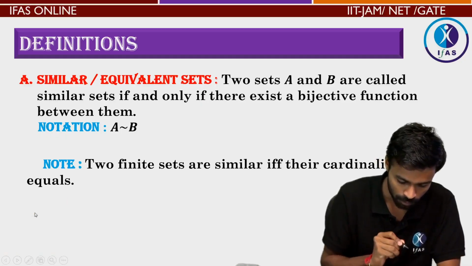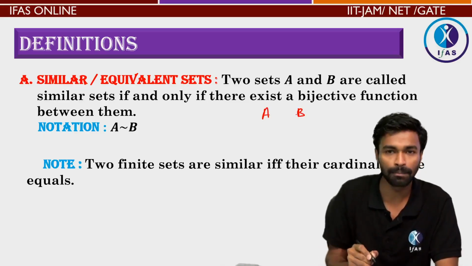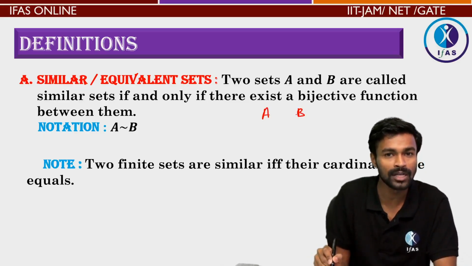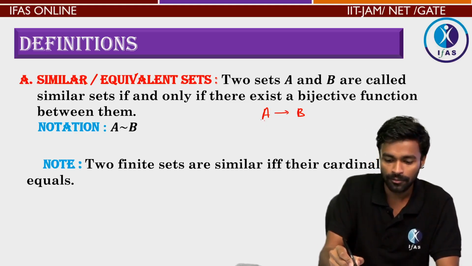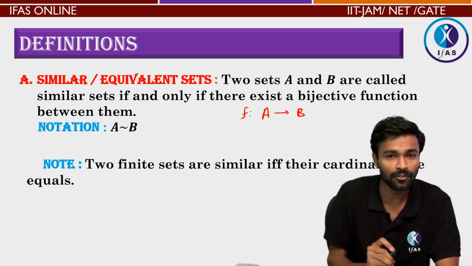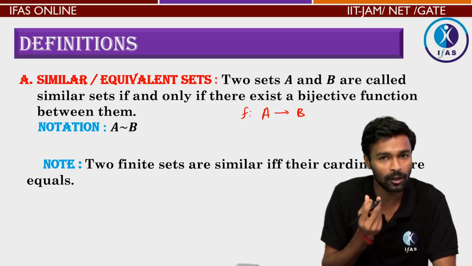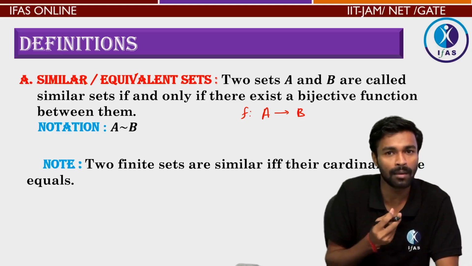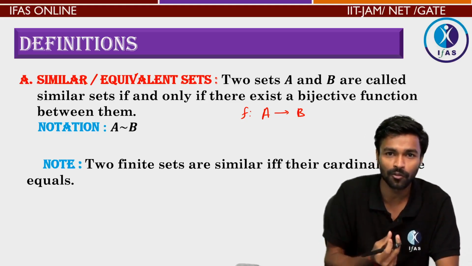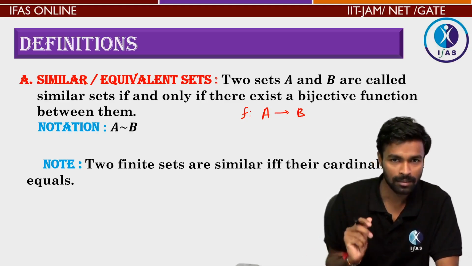If I'm able to find some function f from A to B such that f is a bijective function, then the two sets A and B will be similar sets.